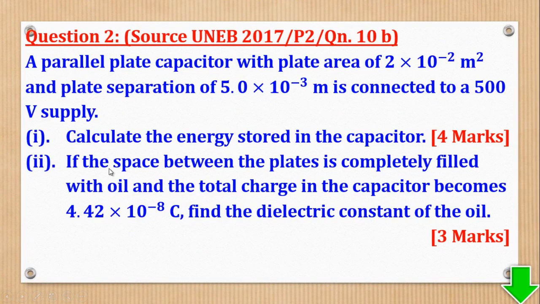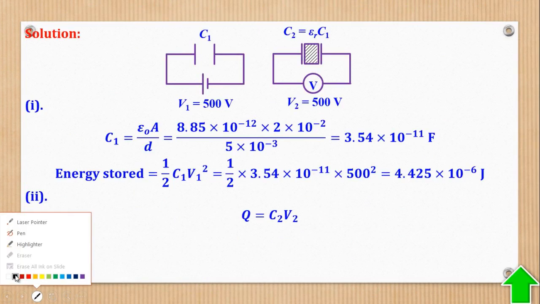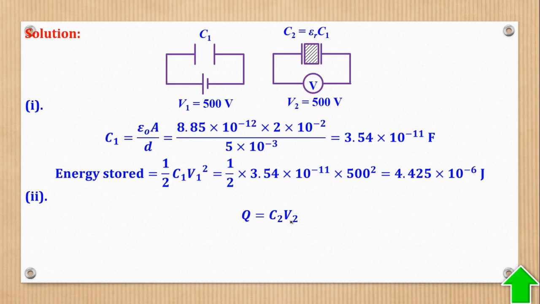So part B, they said if the space between the plates is completely filled with oil, that is the dielectric, and the total charge in the capacitor becomes this, find the dielectric constant of the oil. So you say that total charge is equal to total capacitance multiplied by total PD.